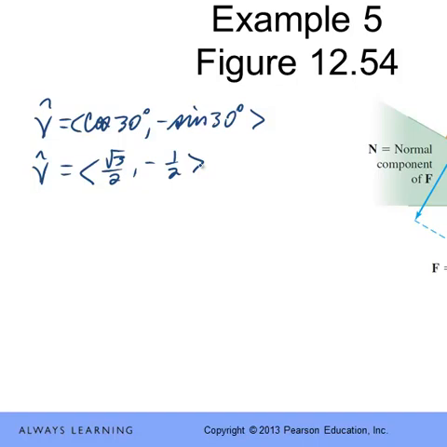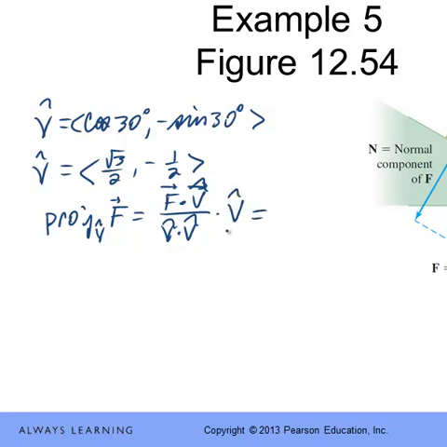Now, calculate the projection of F onto V hat. So you're going to have what? F dot V divided by V dot V. Now V, remember, is a unit vector, so V dot V is 1, times V hat. F dot V, remember that F is 0, negative 10.